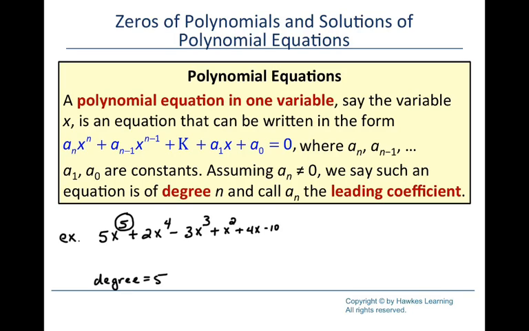And usually you want to have placeholders if it's missing a power. Say I was missing an x squared. I'd want to put a 0x squared there for kind of a placeholder.